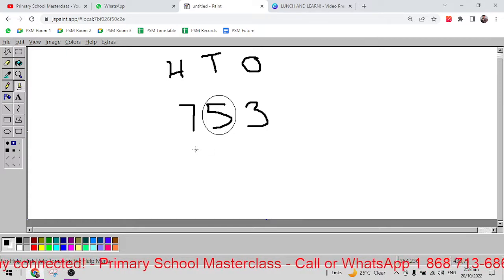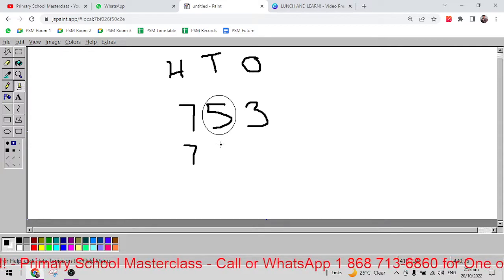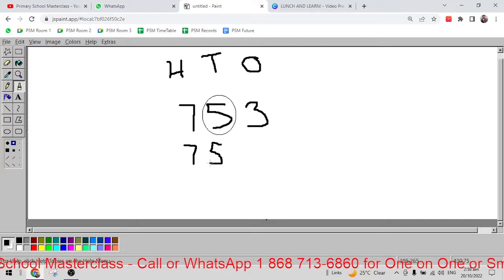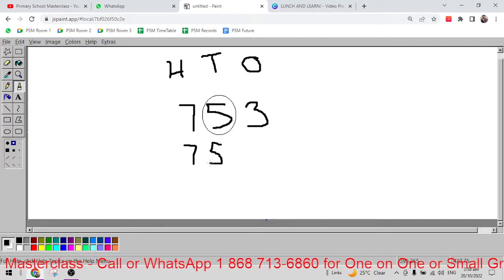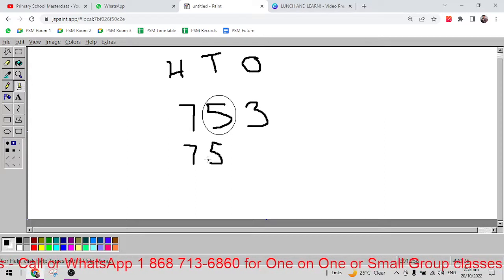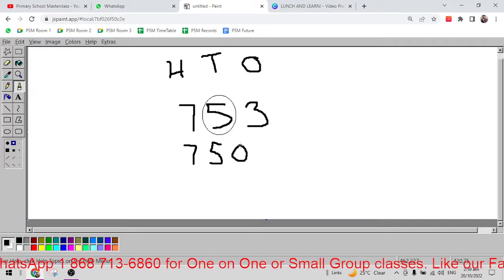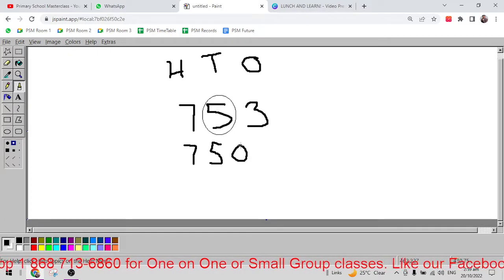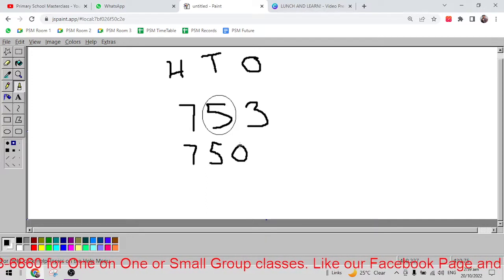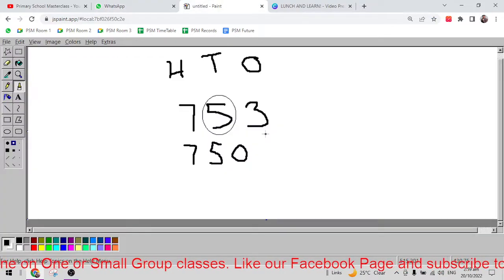I put back my 7, nothing going on with the 7. I'm not gonna increase the 5 by 1. And I'm going to fill in with zeros. So 753 approximated to the nearest 10 is going to be 750.